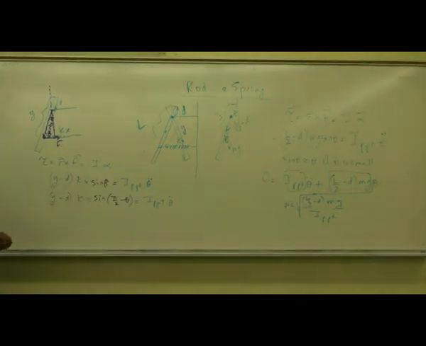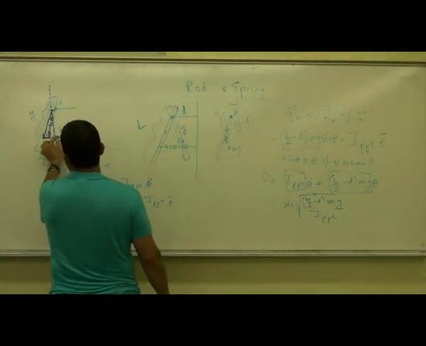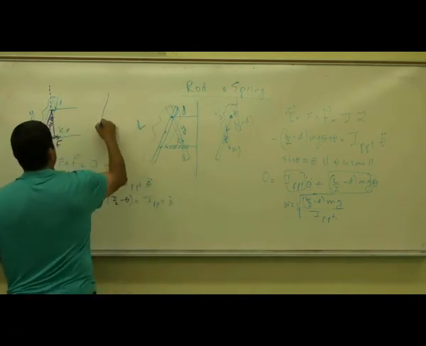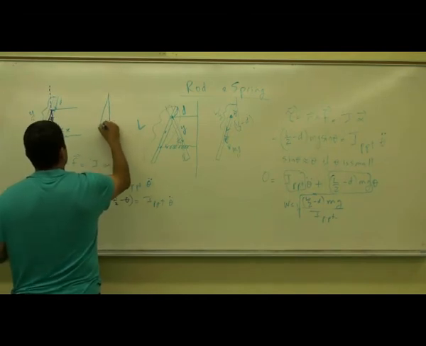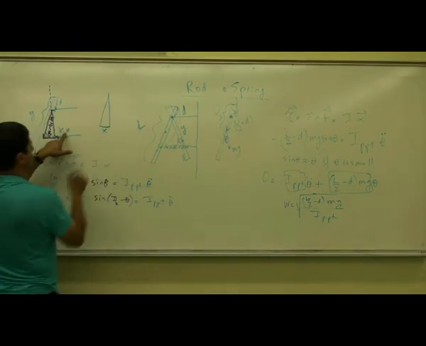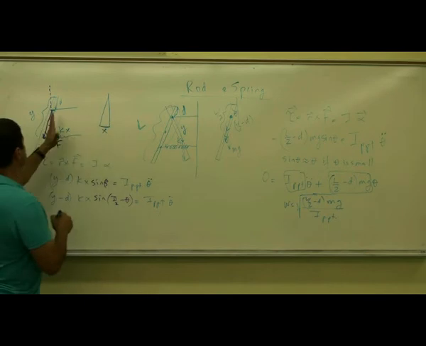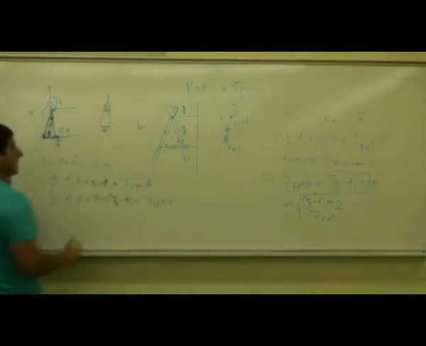Now, what's the x? Well, x is the amount that the spring has been stretched. So what's going to happen? As the rod goes this way, the spring goes up a little bit. It makes an arc length like this. Visualize this like this. It makes an arc length. So the amount by which the spring is stretched, x, is related to the angle through which the rod goes up, so theta, right?